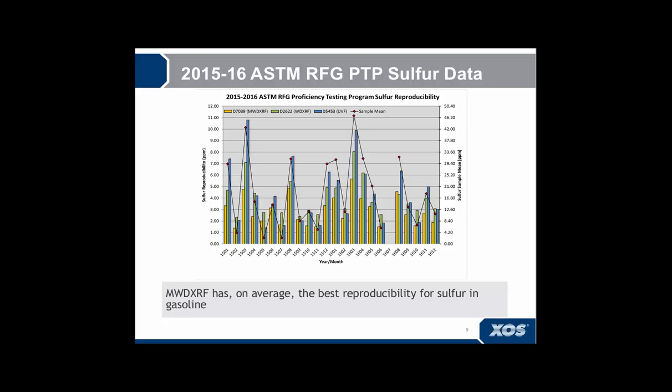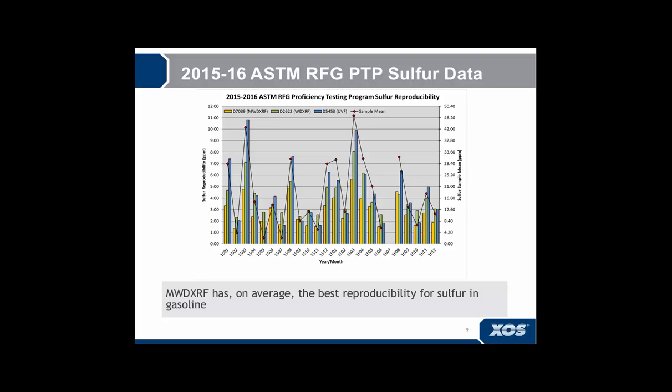These colored bars represent the actual reproducibility by test method for that month sample. So what you're seeing is that in orange, for the sample tested in that particular month, this is the reproducibility for D7039, in green for D2622, and in blue for D5453.